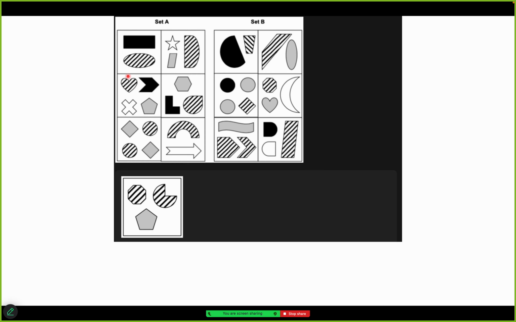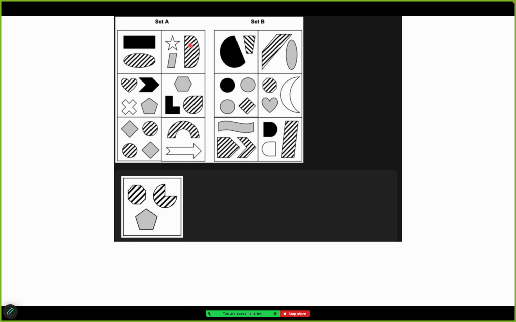Then, focusing only on A, there are a few with 2 shapes, 3 shapes, 4 shapes. Again, that's not useful to you. The only other thing is every square has got at least one hatched shape.